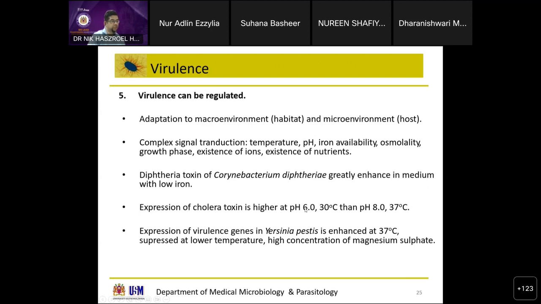So it grows, but they produce more toxin in an acidic and low temperature environment compared to the alkaline, normal temperature. Expression of virulence genes in Yersinia pestis is enhanced at 37 degrees and suppressed at low temperature and high concentration of magnesium sulfate. So this is their growth condition, which affects their virulence production.